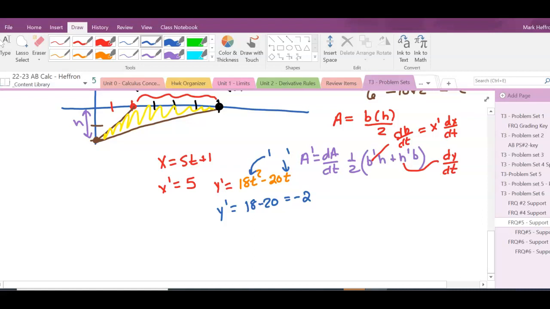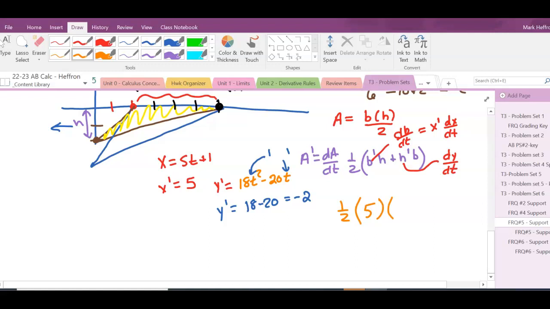And my y was at negative 2, and it's decreasing, so it's actually like getting farther down here at that time. So that would mean I would expect my area to increase. So we're going to have 1/2. X prime was 5.